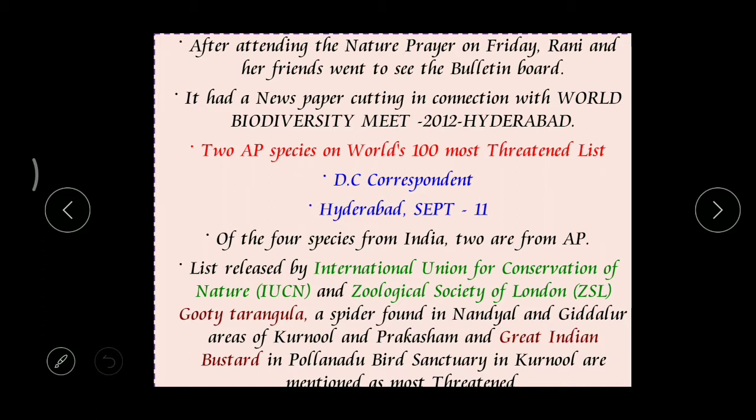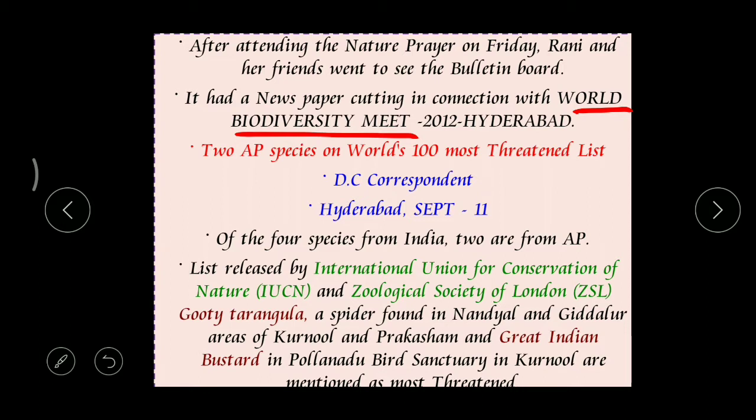After the completion of this prayer, Rani and her friends went to see the bulletin board, like a notice board, and there they found one newspaper cutting about the World Biodiversity Meet. This cutting was related to the World Biodiversity Meet 2012 Hyderabad, right?